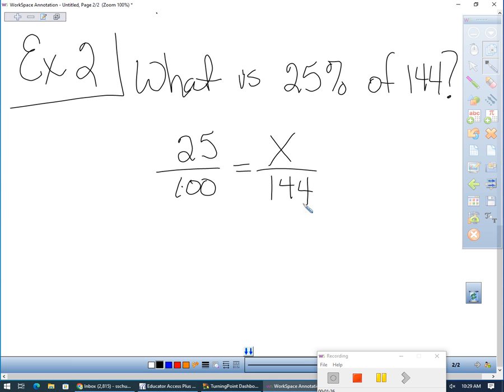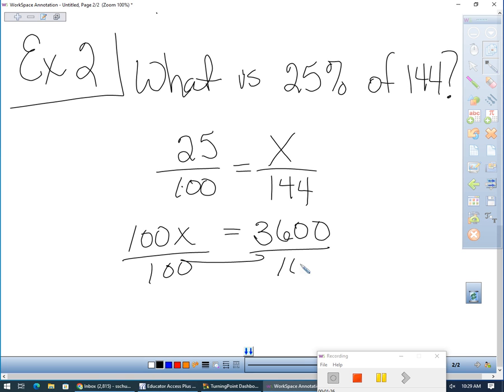And now to solve it, we cross multiply. 100 times x is 100x. 144 times 25. And then what do we do? Divide by 100.